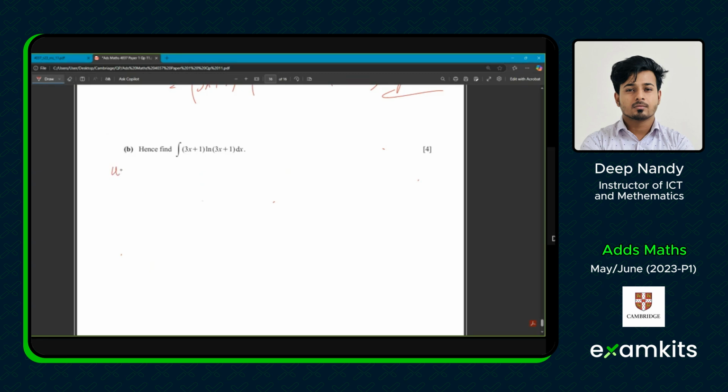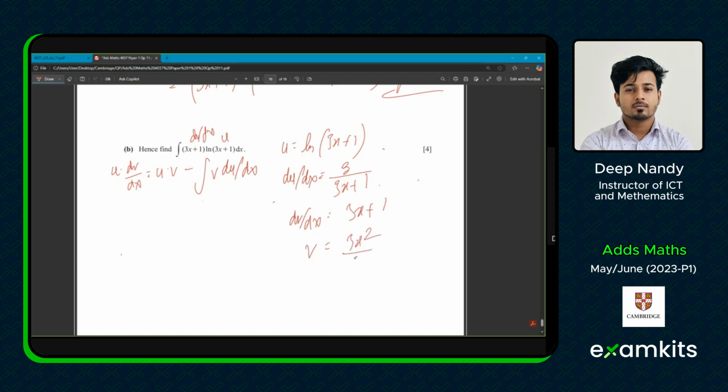The formula of integration by parts is the integral of u dv/dx equals u·v minus the integral of v du/dx. Here this is our dv/dx, and this is our u. So u equals ln(3x+1), and du/dx equals 3/(3x+1). dv/dx equals 3x+1, so v equals 3x²/2 plus x.